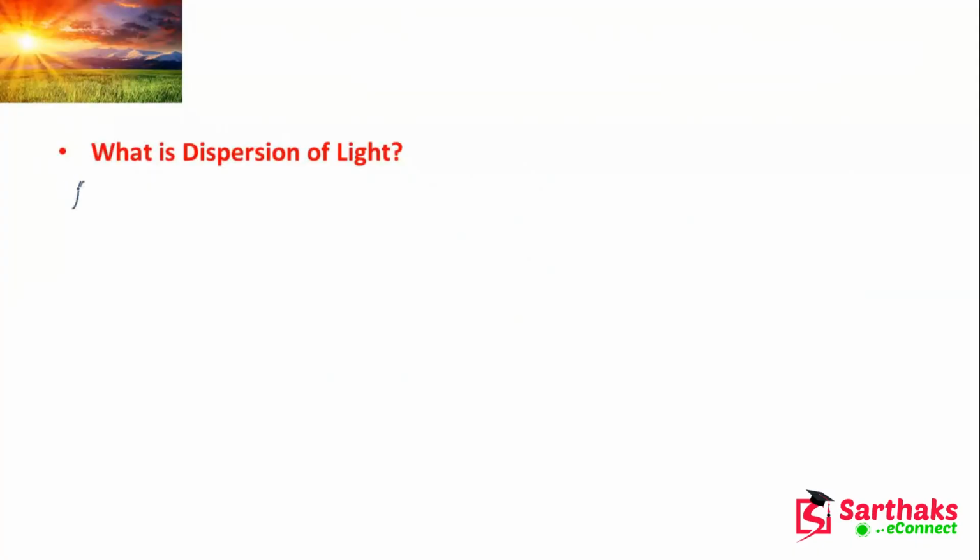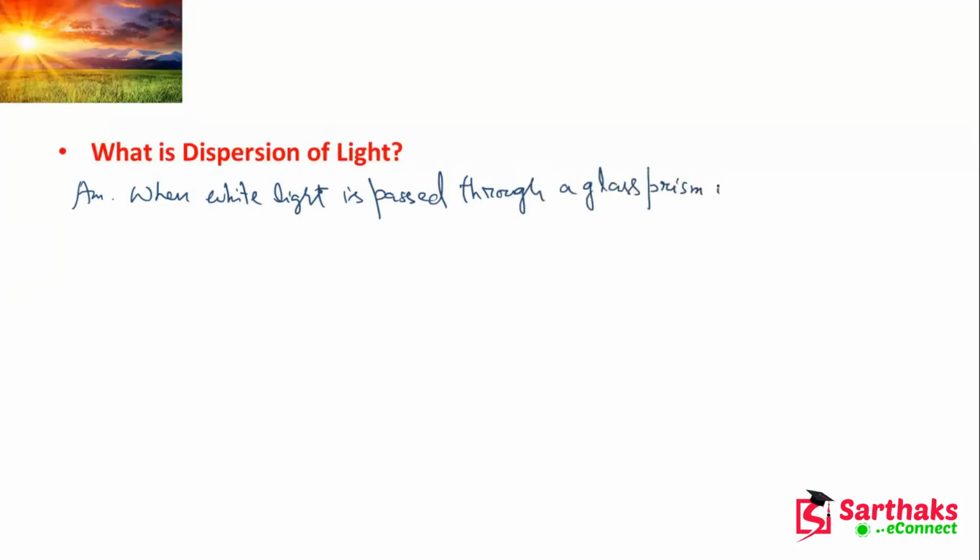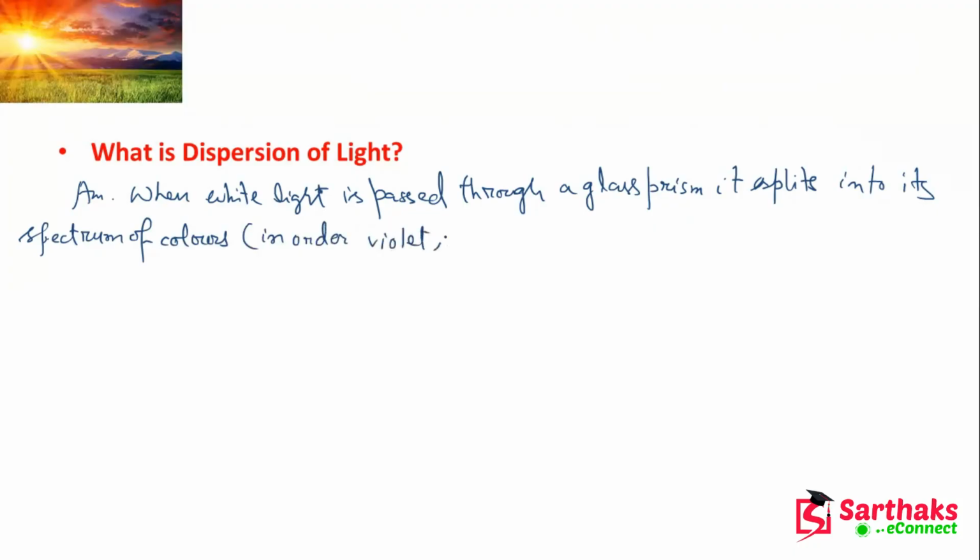Next, what is dispersion of light? When white light is passed through a glass prism, it splits into its spectrum of colors in order according to wavelength: violet, indigo, blue, green, yellow, orange and red.